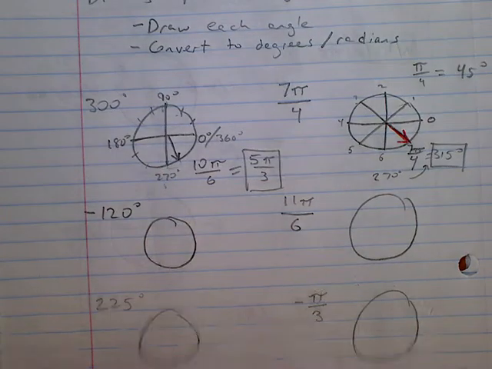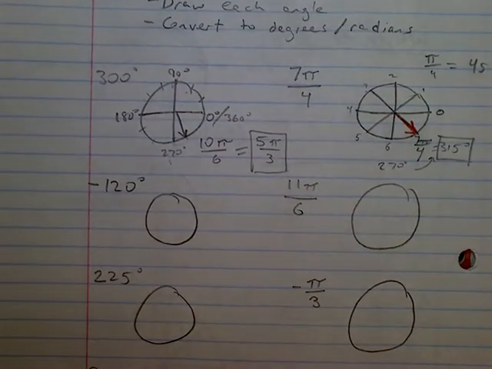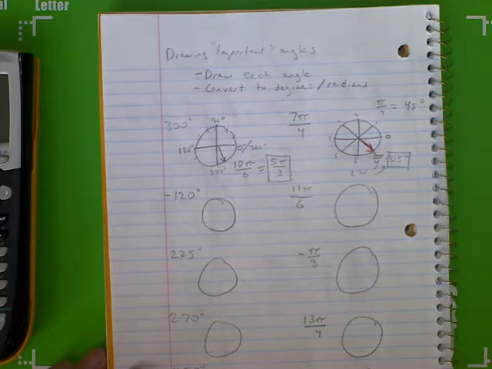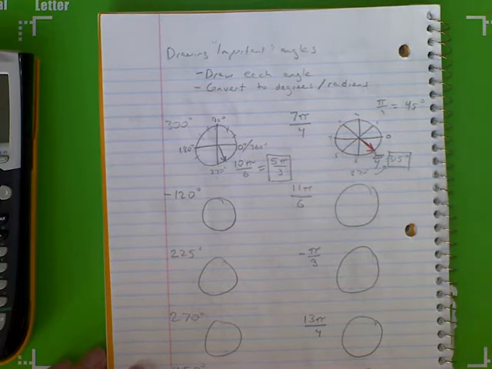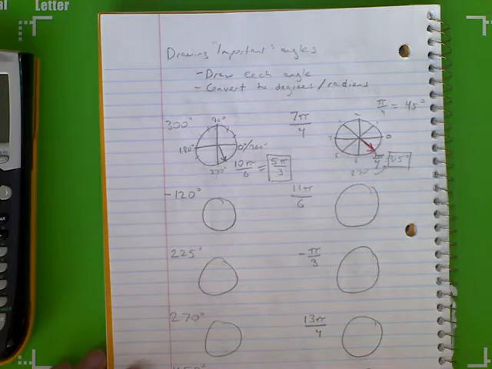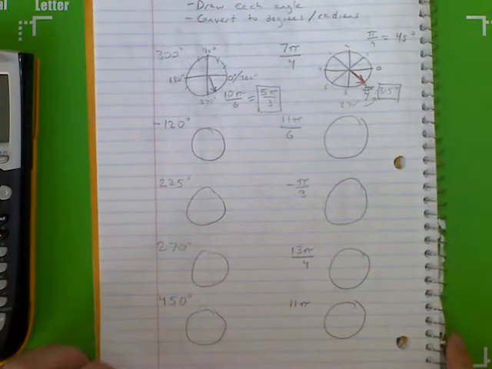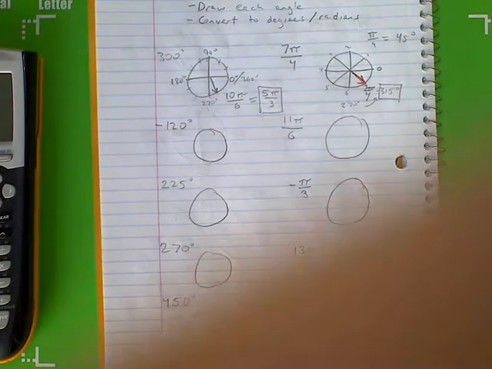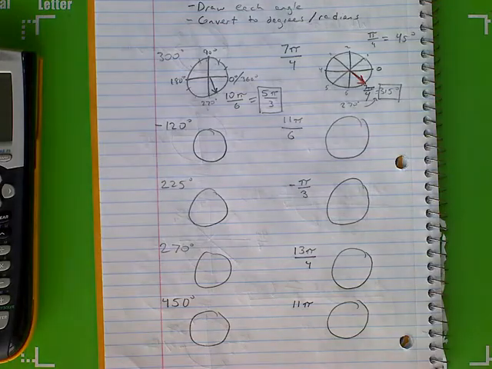Alright, that's the idea. So, I'm going to let you try some of these other ones instead of watching me do it, unless you want to see one more. Yeah, the pi angle would be negative also, the radian. Yeah.